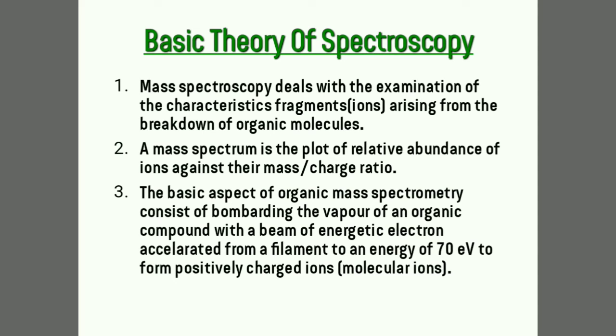So next one is the basic theory of mass spectroscopy. Mass spectroscopy deals with the examination of the characteristic fragment ions arising from the breakdown of organic molecules. A mass spectrum is the plot of relative abundance of ions against their mass to charge ratio. The basic aspect of organic mass spectrometry consists of bombarding the vapor of an organic compound with a beam of energetic electrons accelerated from the filament to an energy of 70 electron volts to form positively charged ions, that is the molecular ions.